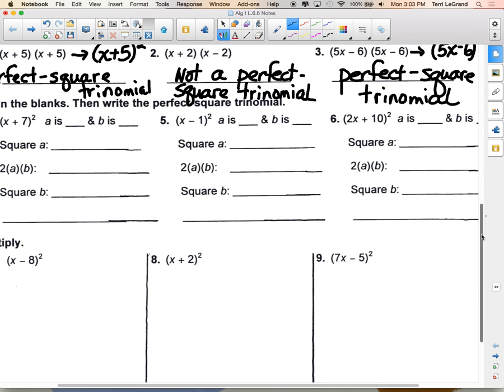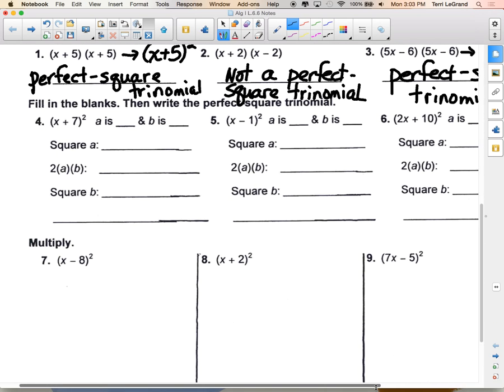Okay, so let's go and practice kind of like in detail here. Number 4, we have x plus 7, that binomial being squared. So that should give us a perfect square trinomial, right? What's the a? X. What's the b? 7. So in other words, when we use our model, a squared plus 2ab or minus 2ab plus b squared. So we're going to square a.